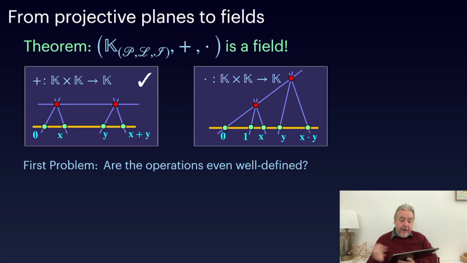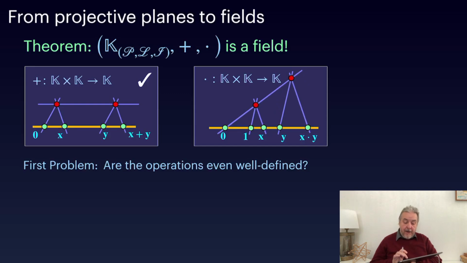So how about multiplication? Essentially the same thing happens. If you look at the multiplication, you could have taken a different point here, and again the scissors theorem tells you that you get the same multiplication result, and you could have taken a different line as well, and this time a big Desargues theorem tells you that you get the same points down here.